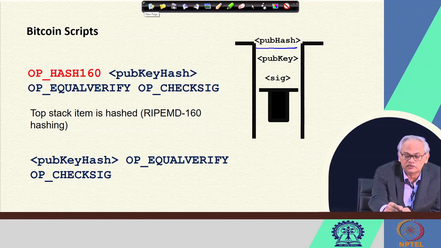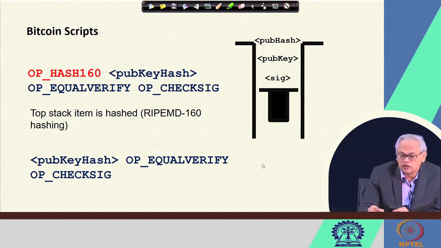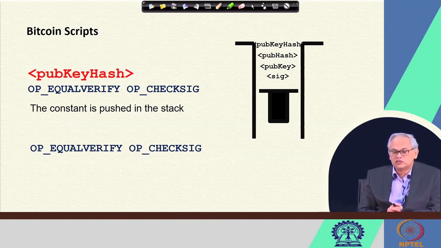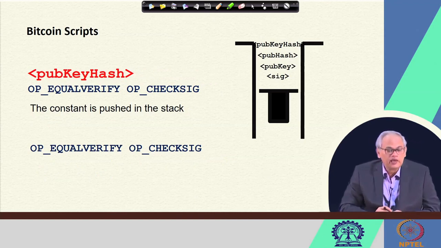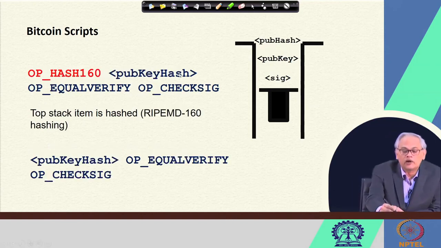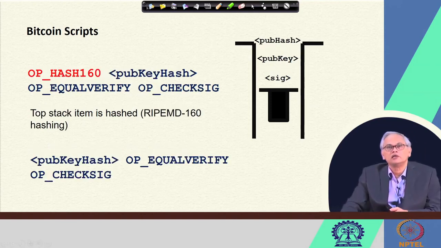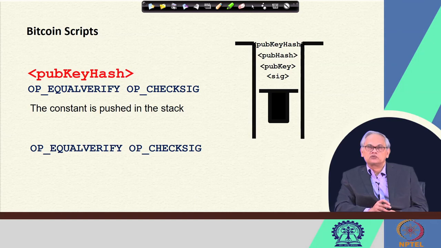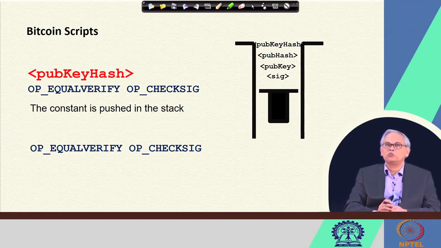So, we now take a look at the next step. In the next step, this pub key hash which was there, if you remember, the next part here was the pub key hash. So, this pub key hash is now pushed to the stack. This constant pub key hash has been now pushed to the stack.